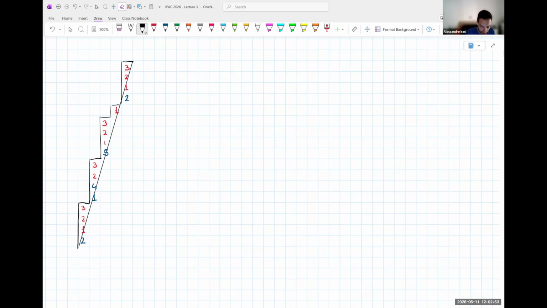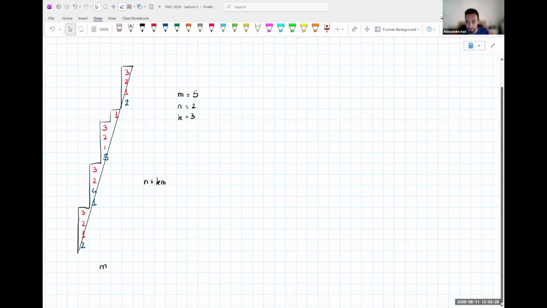So in this picture, we have k equals 3, n equals 2. So the width is m, the height is n plus km, which is 17, so we're happy.